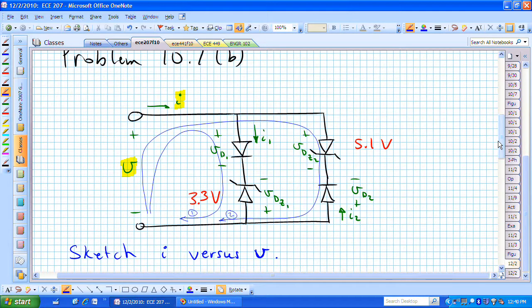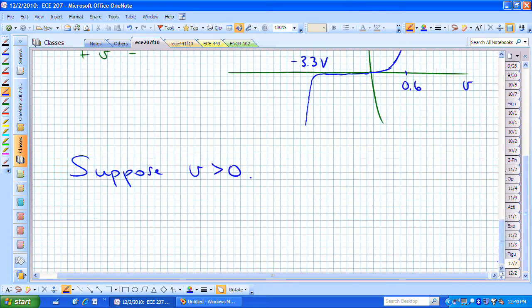In order to understand that, let's look at KVL around mesh 1. KVL around mesh 1 says then that we have minus V plus V sub D sub 1 minus V sub D sub Z sub 1, and that's equal to 0.